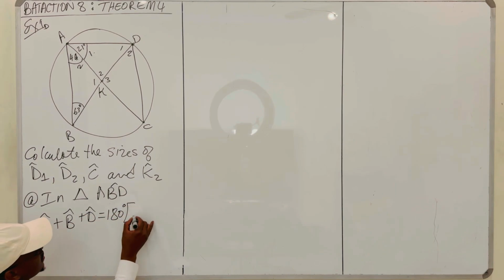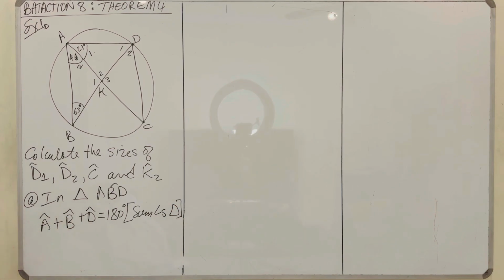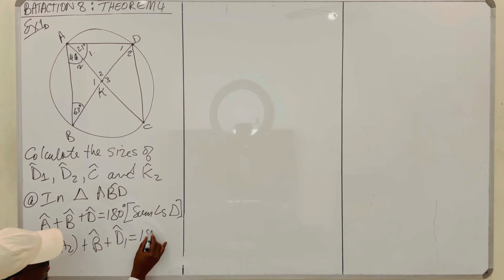What is the reason? Sum of angles in a triangle. And then A is made of A1 plus A2. The angle B is just angle B. Angle D is D1, equal to 180 degrees.